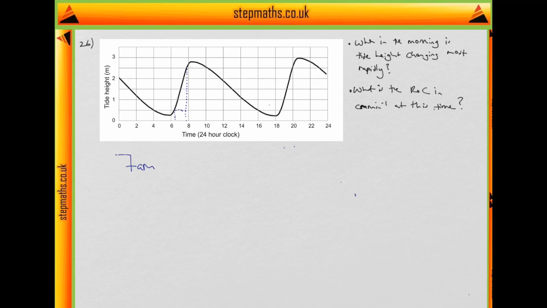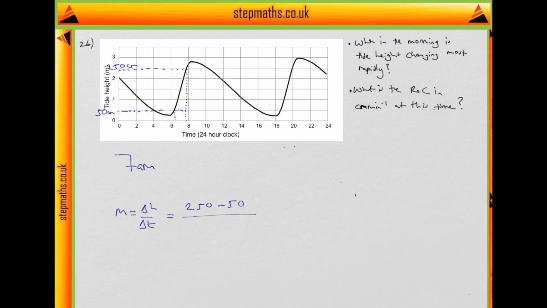So our gradient, our m, will be delta h over delta t, remembering it has to be in centimetres and in minutes. So in centimetres, let's draw that across, here to here. So that's 250 centimetres, 2.5 metres, to 50 centimetres. So that's 250 minus 50 over, well, what does this correspond to?